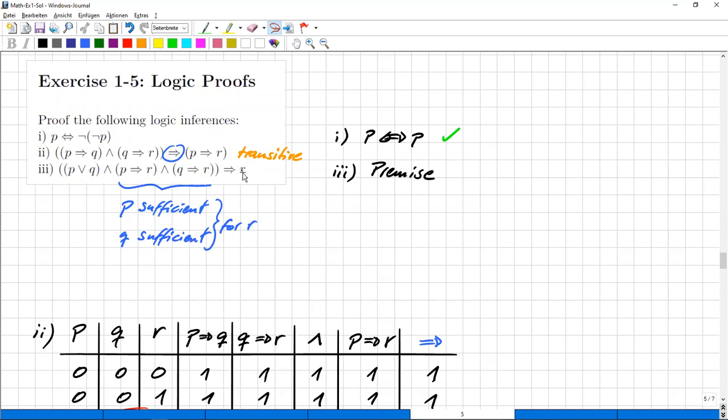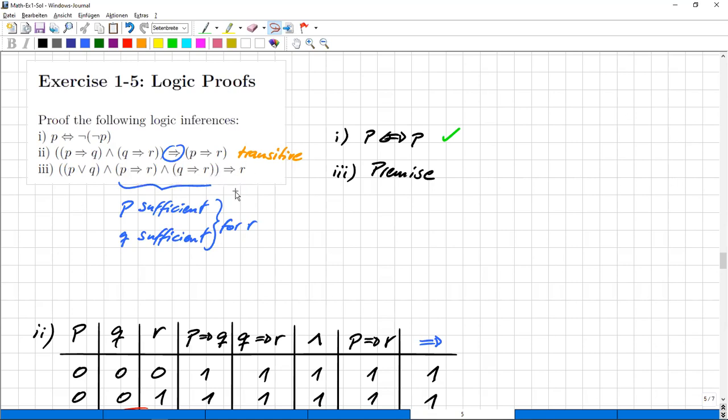Because if R is false, now think back to the contradiction case. If the conclusion gets false, then all possible premises must also be false, because each one of these, if it were true, would suddenly make R true.